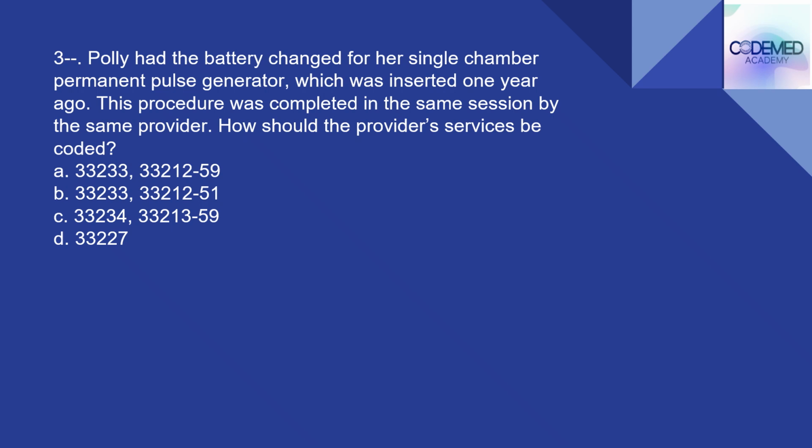So that is one important consideration here. So yes, D is the correct answer. We are going to write only one code, and if you read the language of the code, it says removal of the permanent pacemaker pulse generator with replacement of the pacemaker pulse generator, single lead system. And that's exactly what happened: single chamber, and removal plus replacement.